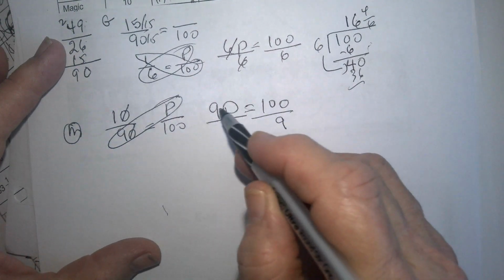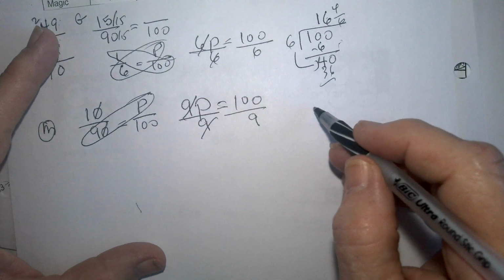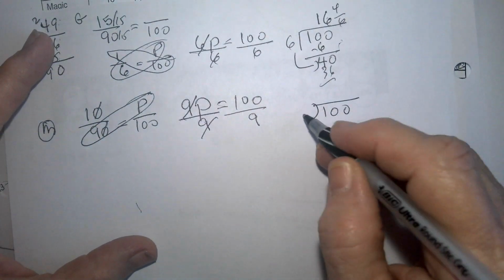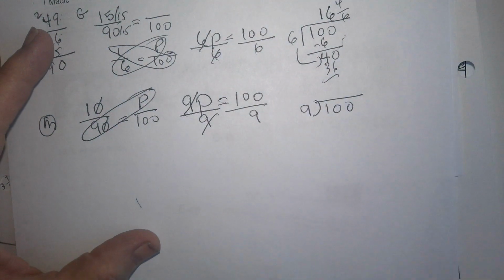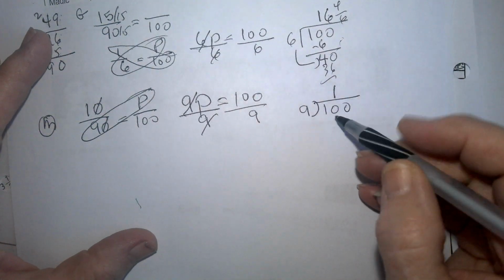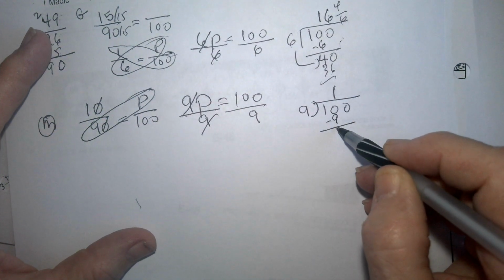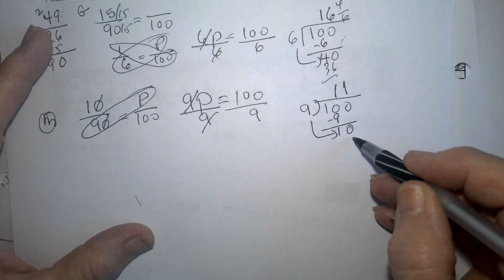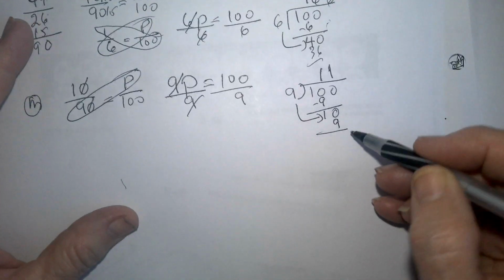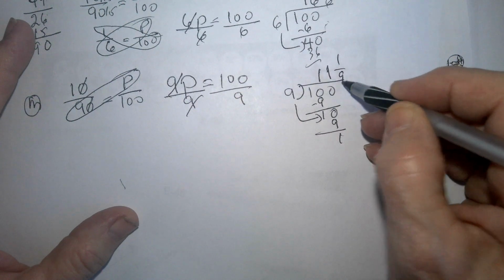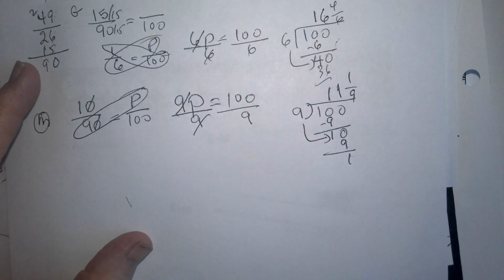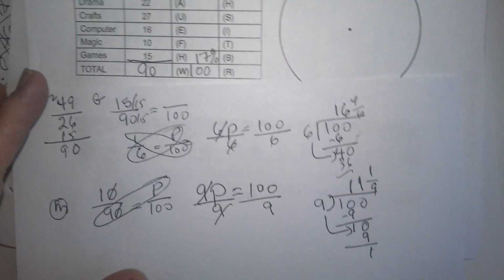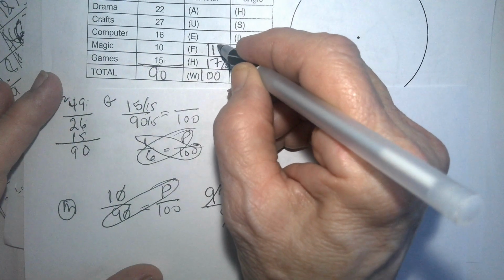Again, I'm going to be looking at the work that you do. 11. All right, so it goes into this once. So is that one going to be closer to 11 or 12? 11.